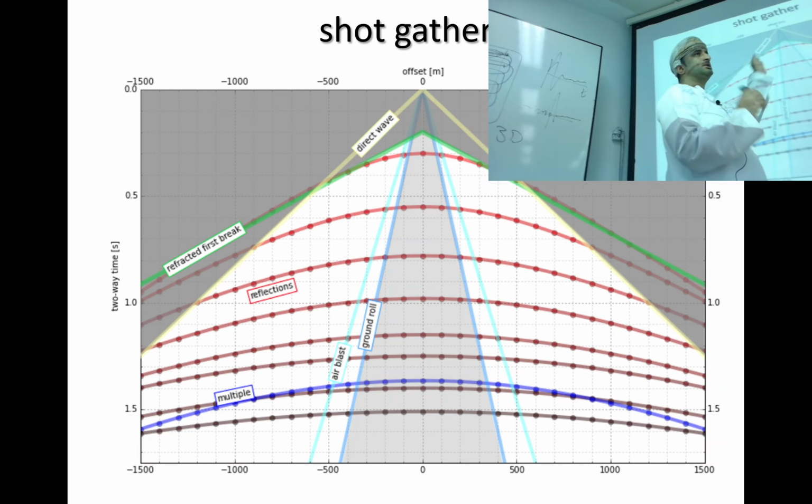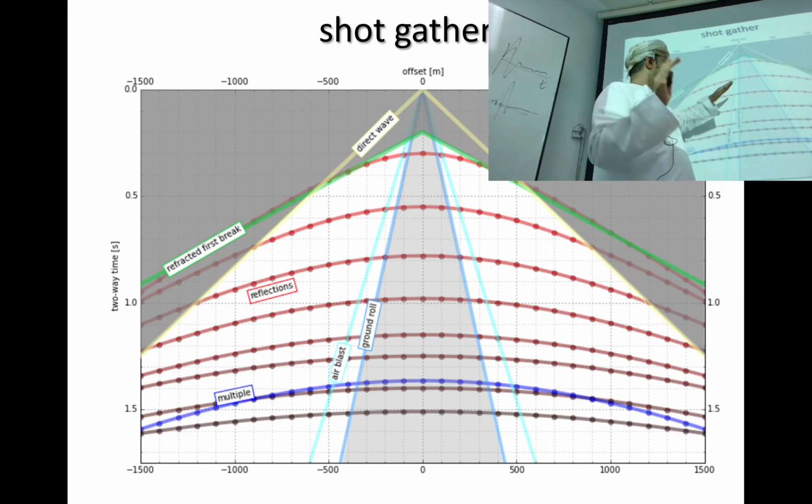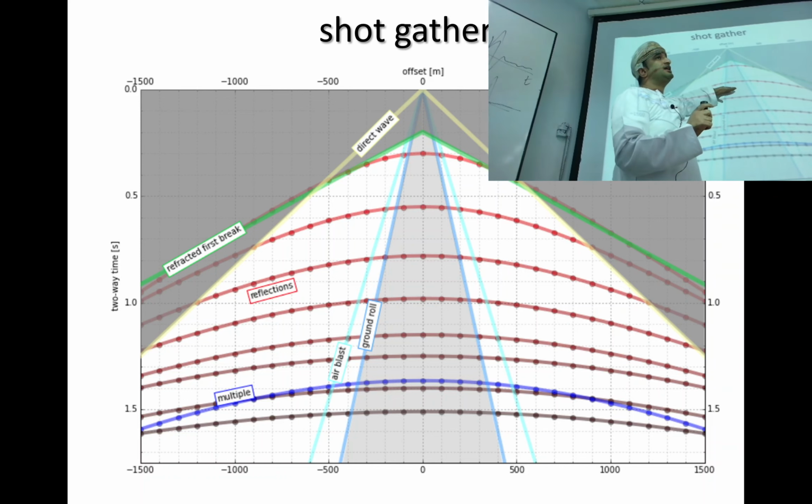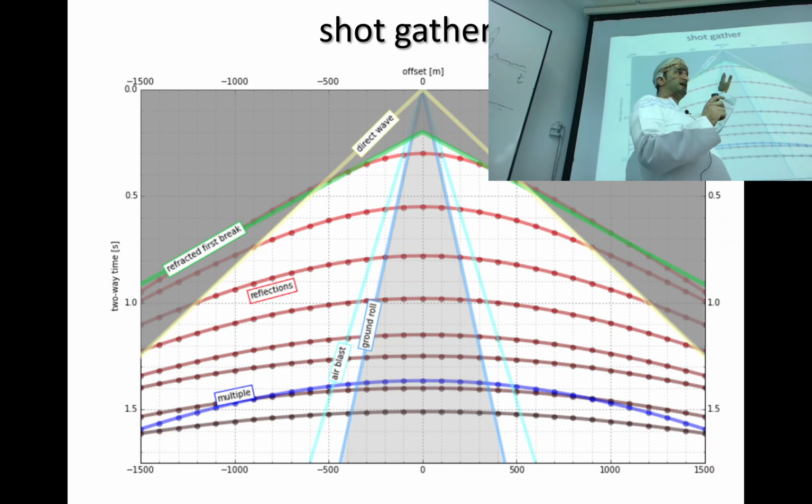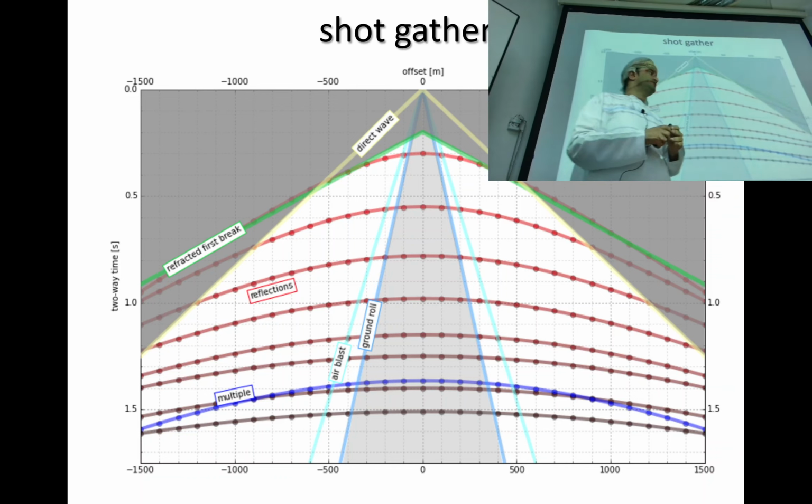We know so far that the gentler the slope, the higher the velocity. The steeper the lines, the lower the velocity.